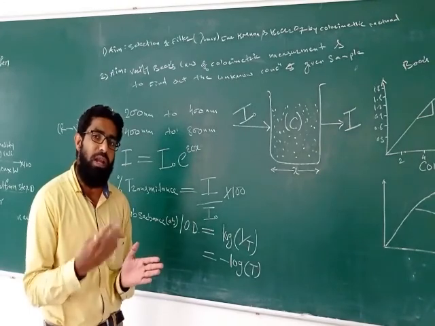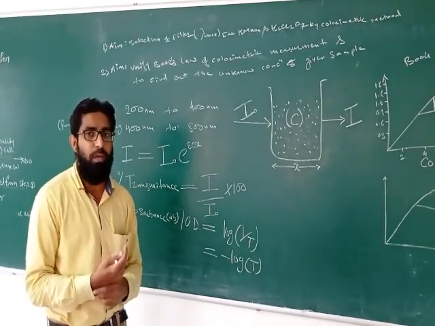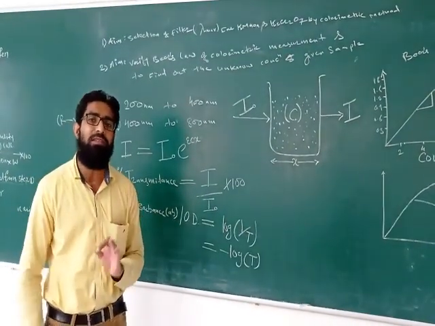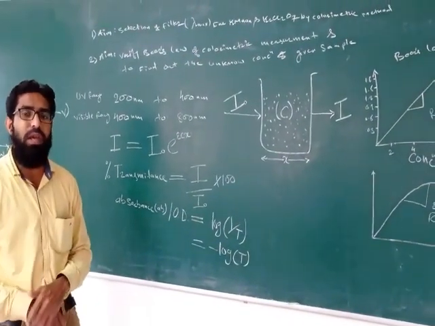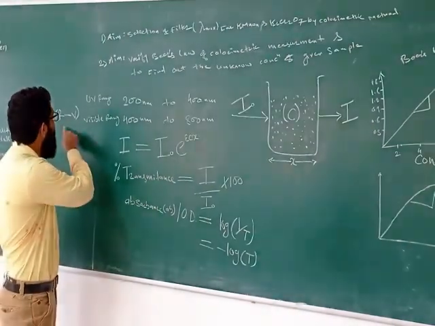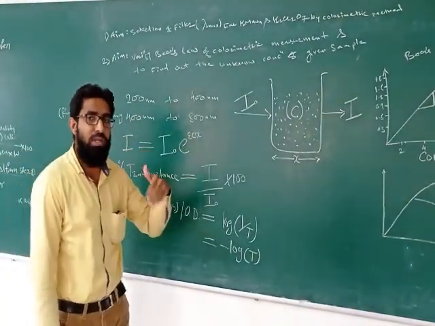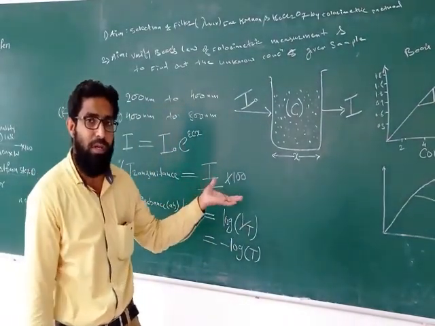But by using colorimetry, we can only analyze colored solutions in the range of red to violet. Colorless solutions cannot be identified or estimated by colorimetry.